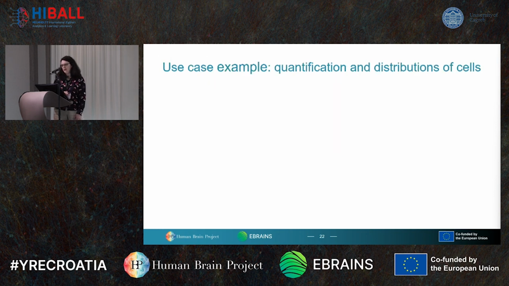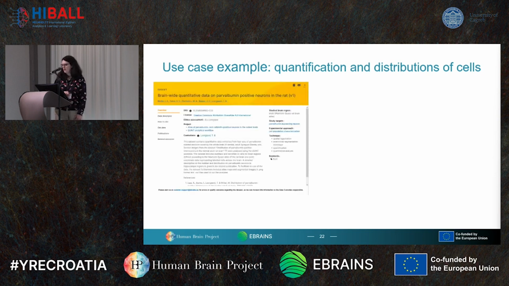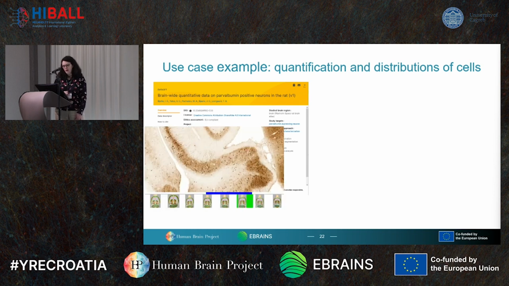So, for example, if you want to quantify the numbers and the distribution of cells in your material, I will give you some examples of datasets you can find in the knowledge graph. So here is a brain-wide quantification of parvalbumin positive neurons done in the rat. All the images were anchored to the atlas, so they have atlas registration.